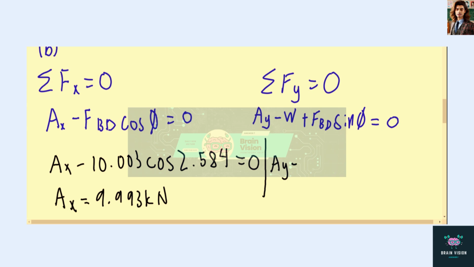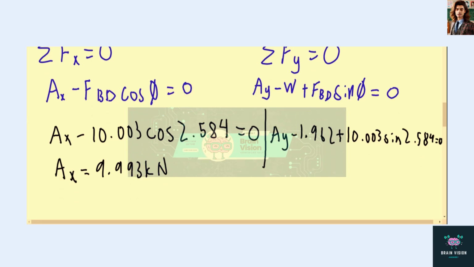Solving for A of y, we'll get a value of negative 1.5112 kilonewtons.